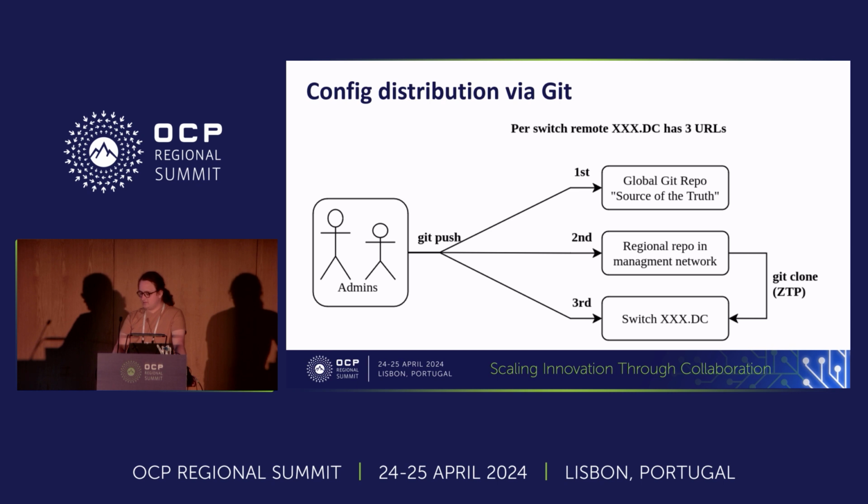If there's a conflict or something else, it will break at the beginning. The second one is to the repository at the level of the data center, that's on a special server there in the management network. And the third one is the switch itself.